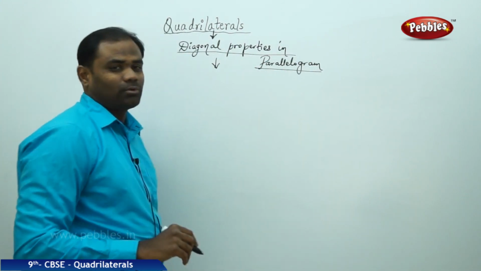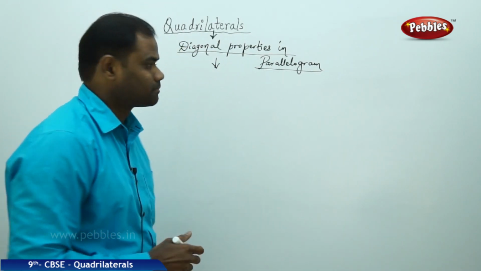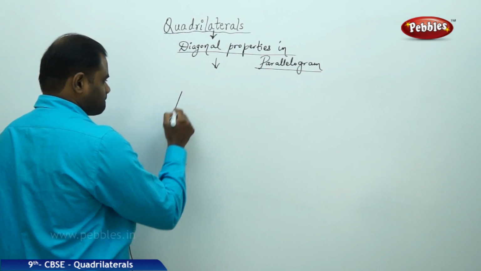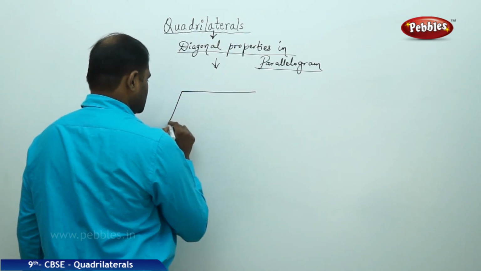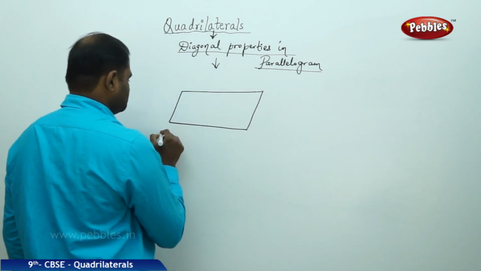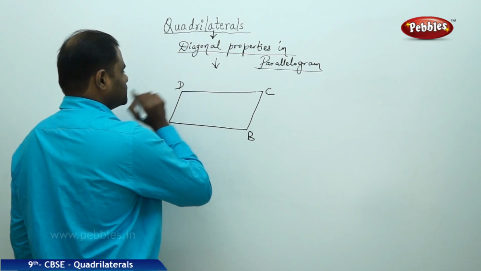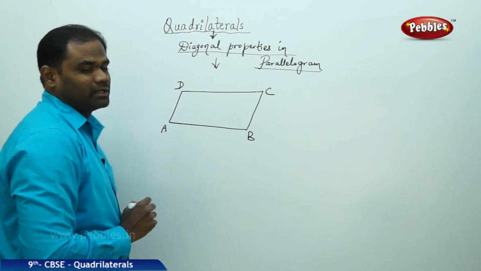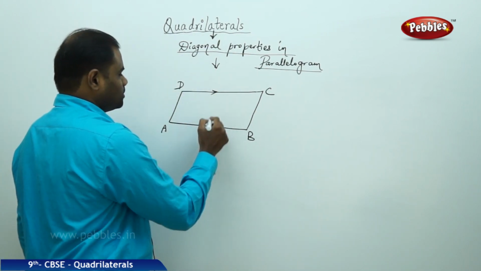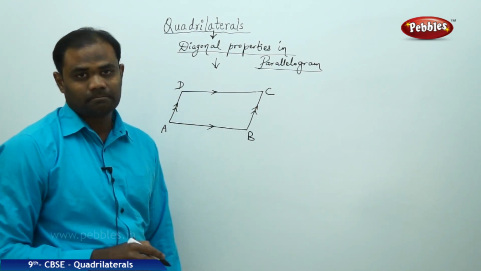Let's consider a parallelogram with its respective diagonals. So here I have a parallelogram A, B, C and D. So clearly we know that the opposite sides are parallel and of course equal.